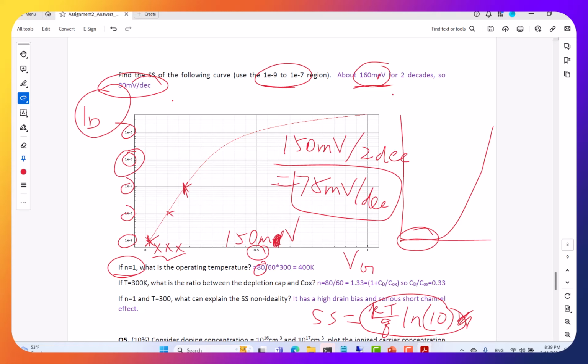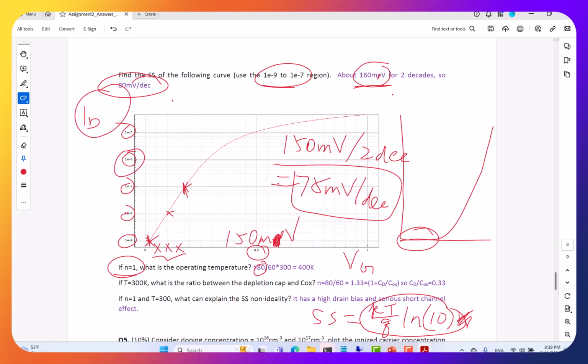I know that for 300 Kelvin, what is the ideal subthreshold slope for 300? 60. This one you need to memorize. If you don't, then you better memorize what's kT and q, right? For those who are scared, put k and q in your cheat sheet, right? Watch out for the number, right?